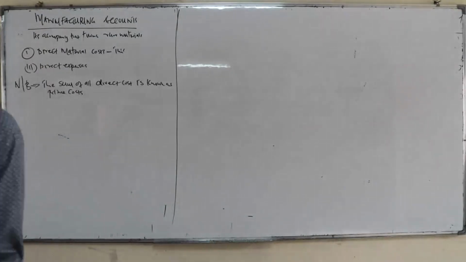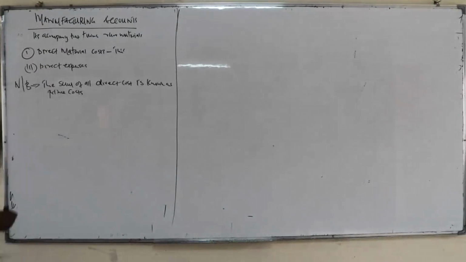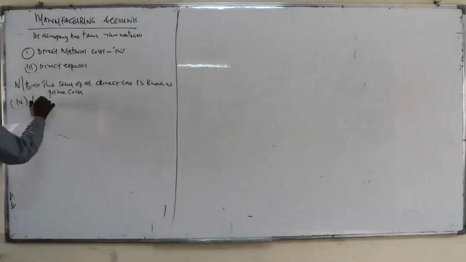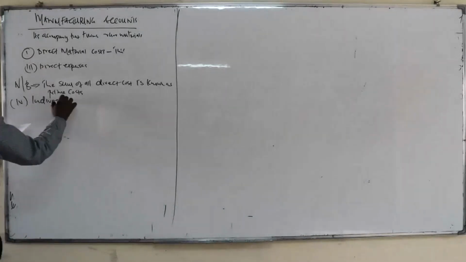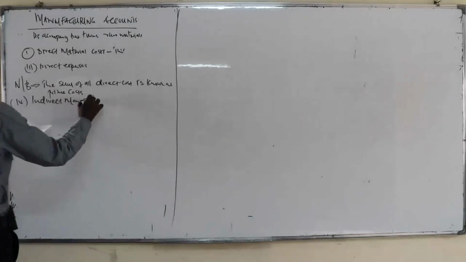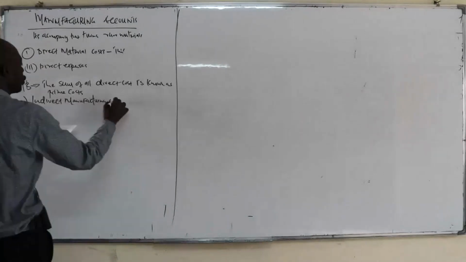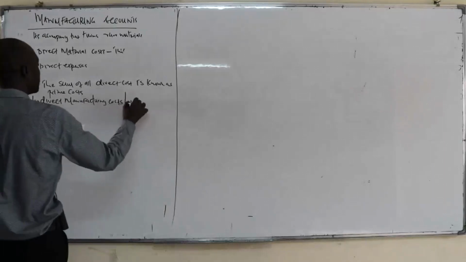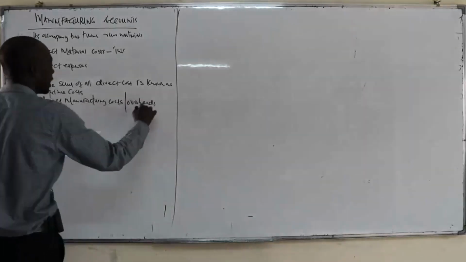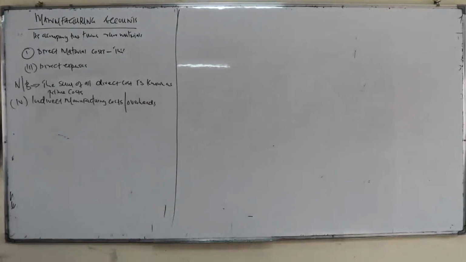And then cost number 4 is what we call indirect manufacturing cost, also called overheads.